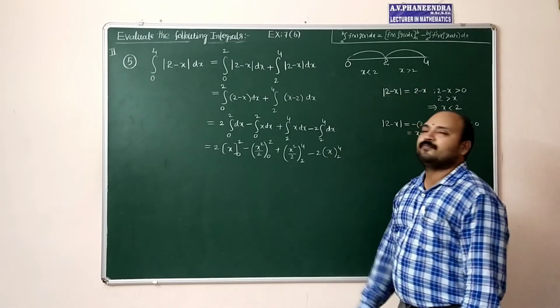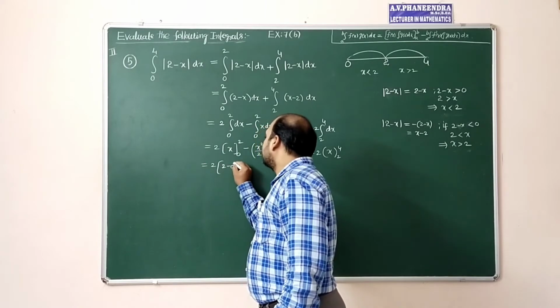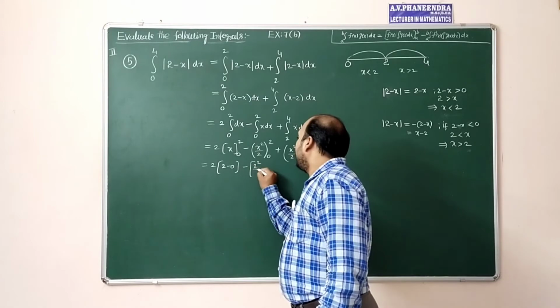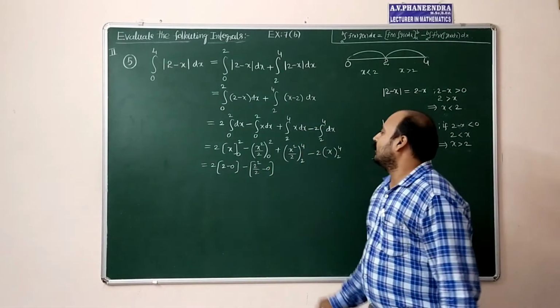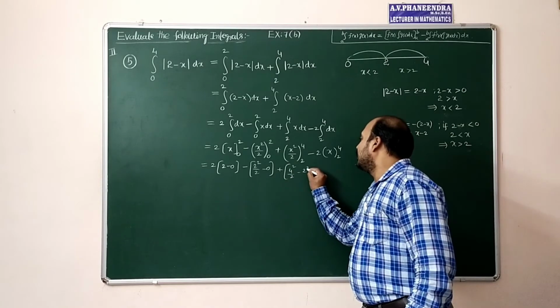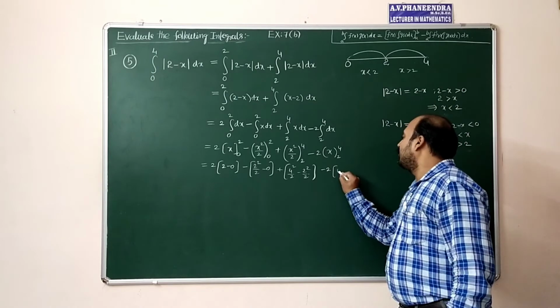Which is equal to 2 into 2 minus 0, minus 2 square by 2 minus 0, plus 4 square by 2 minus 2 square by 2, minus 2 into 4 minus 2.